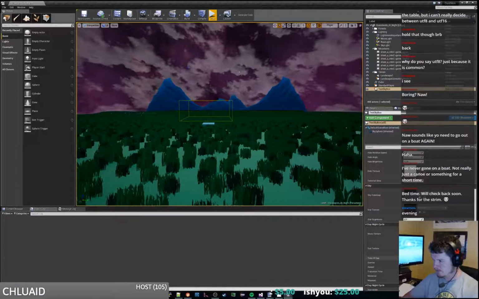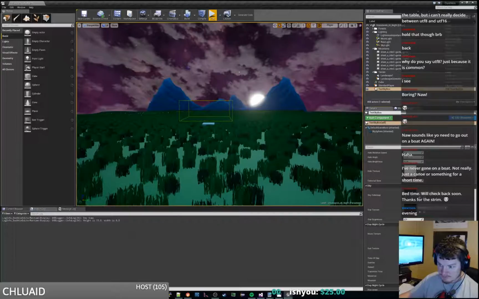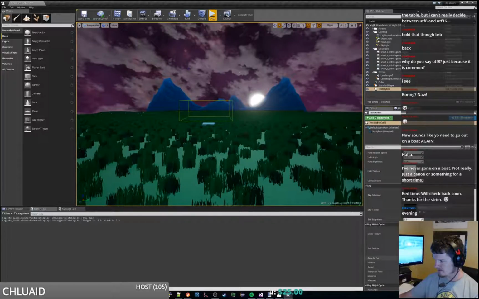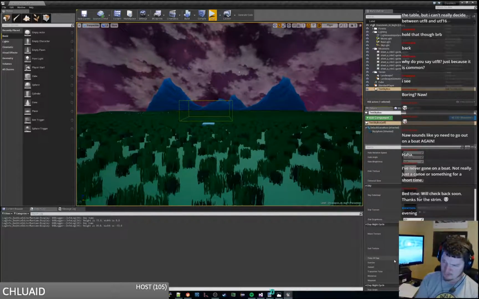So noon is 12. Height is 15, width is 0. That's true. Alright, let's set it to 6.30. Height is 30, width is negative 15. That's not right.